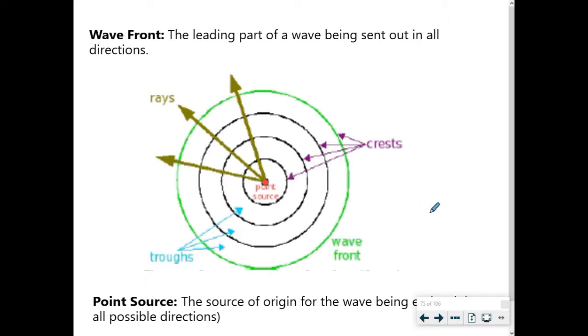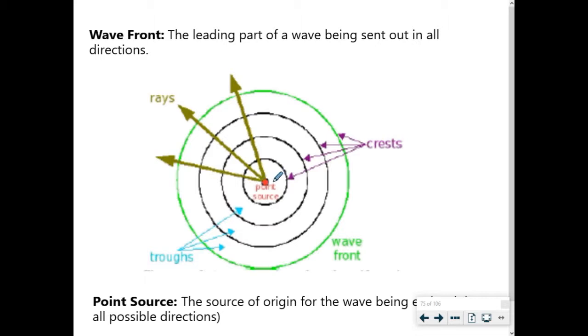And so sometimes what we rather do is draw what's known as a wave front. This is a diagram where imagine that right in the middle here is something giving off waves. I don't know what kind of wave it's giving off. It could be water waves, light waves, or sound waves, but it's emanating off in all 360 degrees.